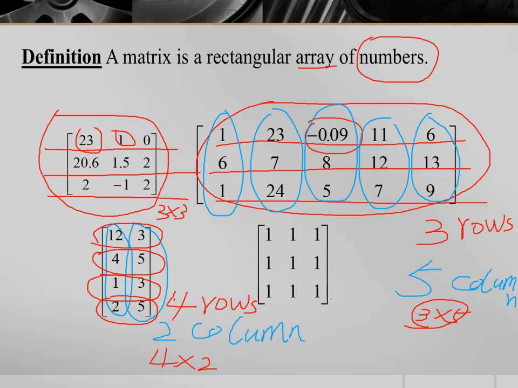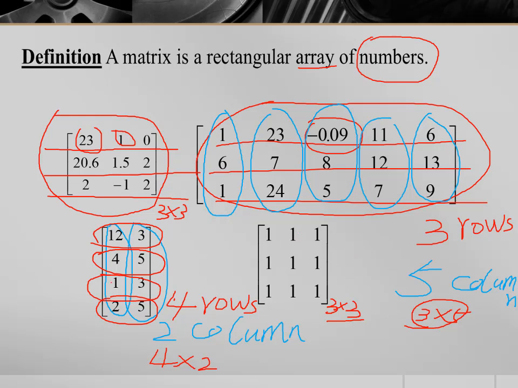The fourth matrix is also a 3 row and 3 column matrix. The first number means the rows of the matrix. The second number means the columns of the matrix. So we call this 3 by 3.